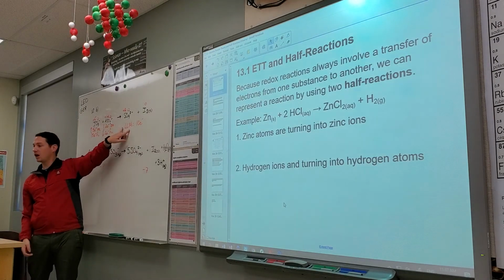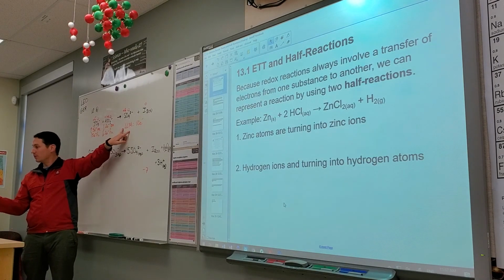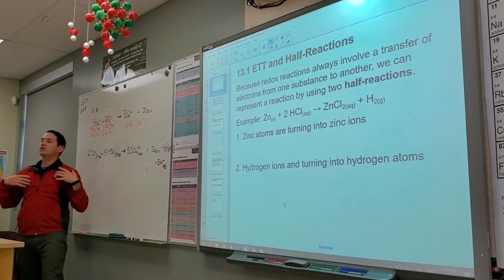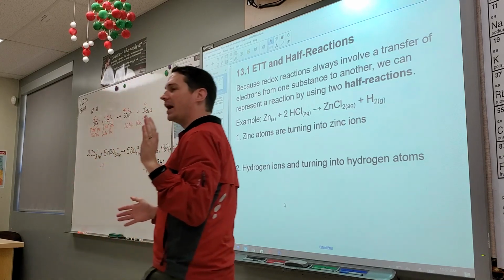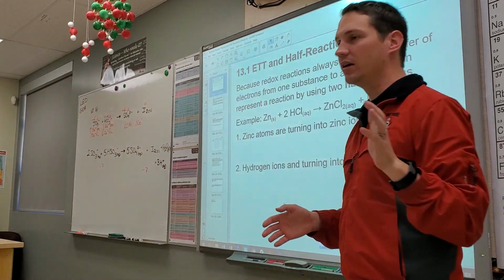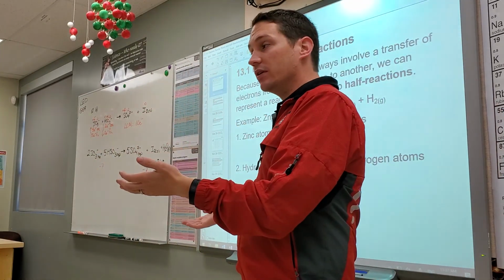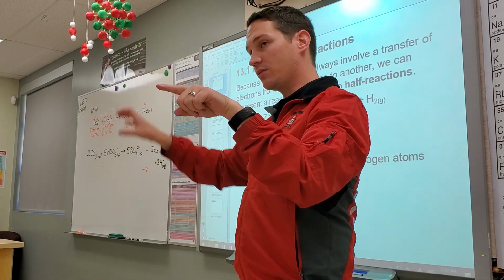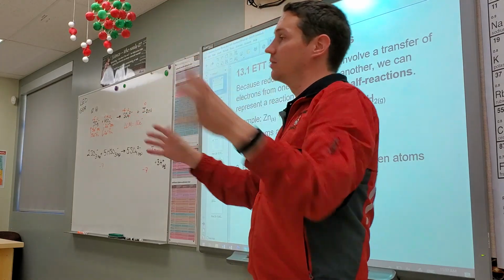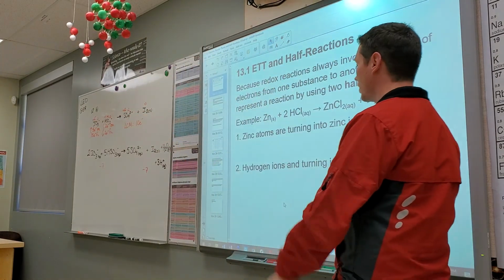That's where the lowest common multiple comes in. Do you agree with that? Yes. Okay. So as long as we understand that principle, that's the basic idea behind electron transfer theory. Electrons are being transferred from one thing to another. If this thing gains 3 electrons, this thing has to lose 3 electrons. It's fairly straightforward.